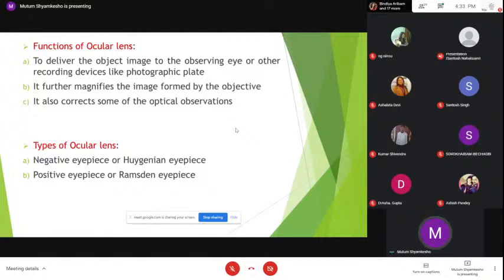two lenses, that is the eye lens and the field lens. But for more correction of the optical aberrations, these two individual lens elements, the eye lens and the field lens, are cemented.